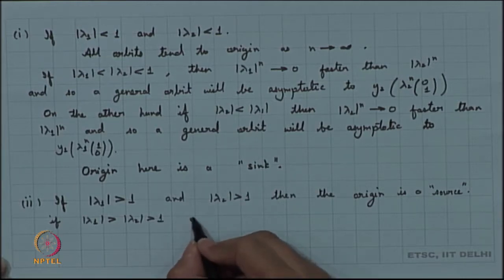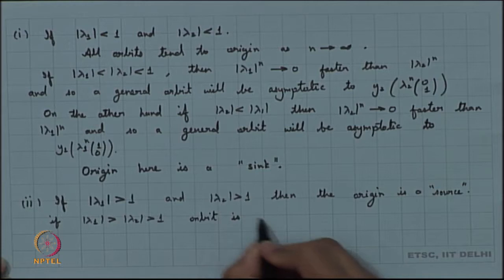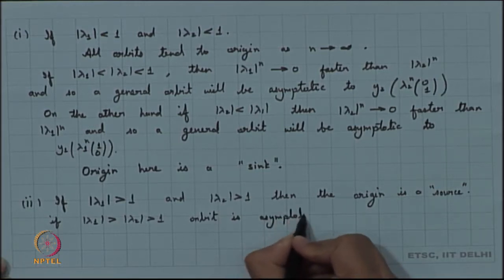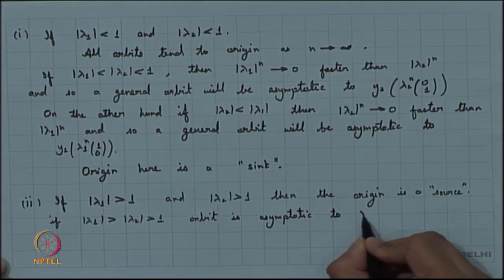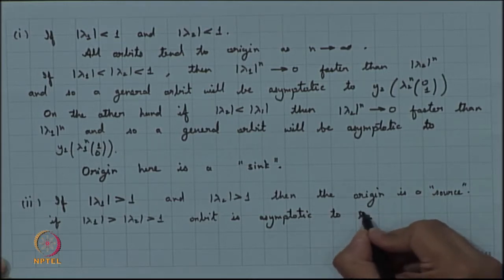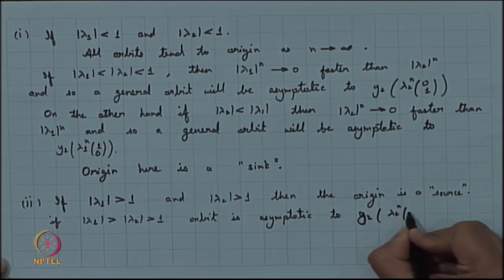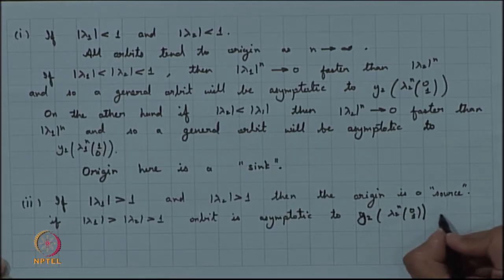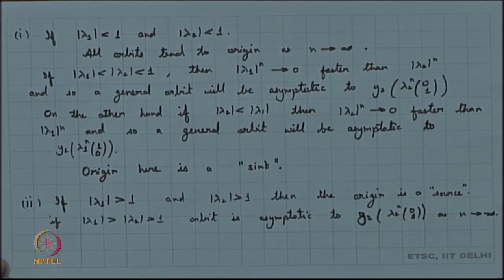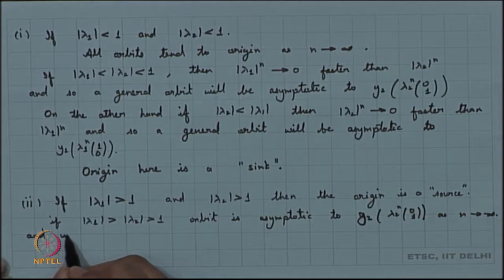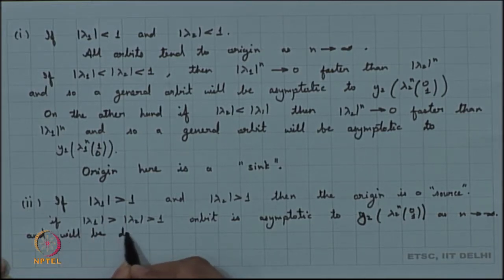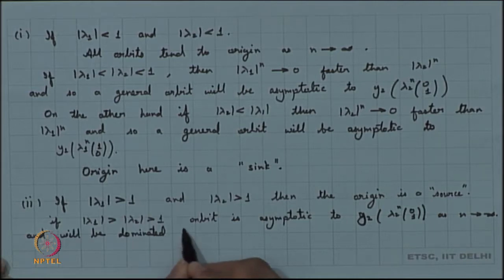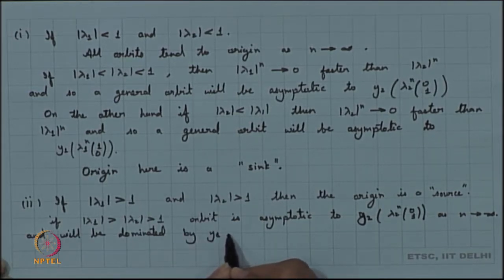So, the orbit will be first asymptotic to y2, which is basically lambda 2 to the power n, 0 1, as n tends to minus infinity, and it will be dominated by y1 as n tends to infinity.